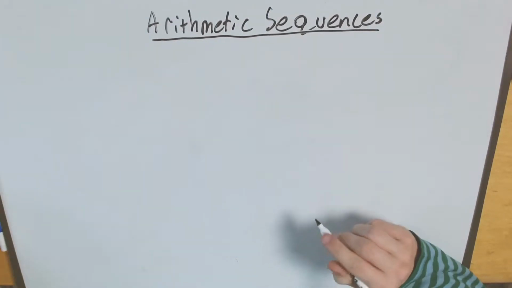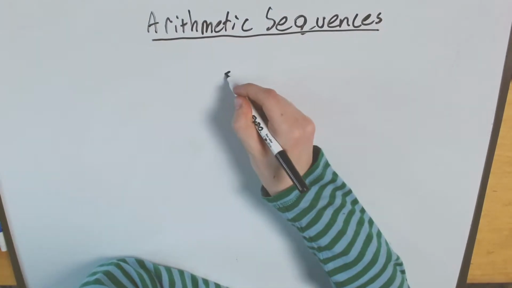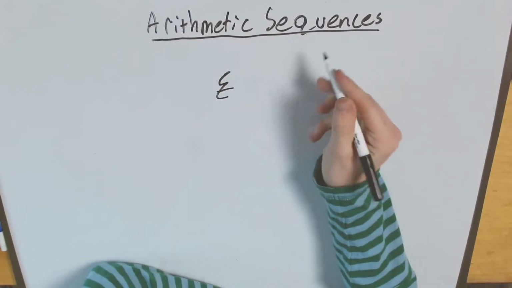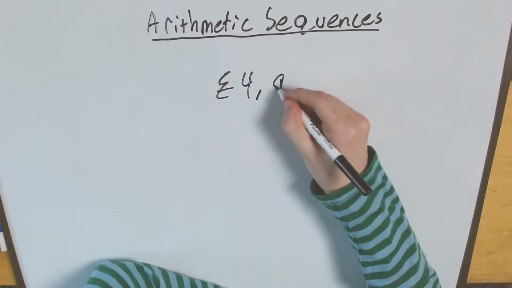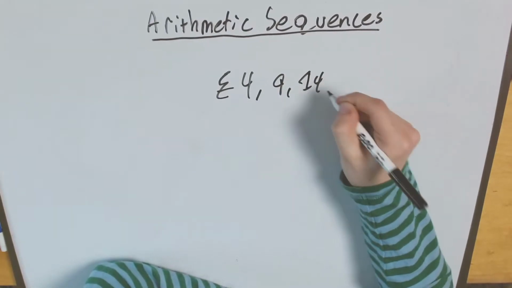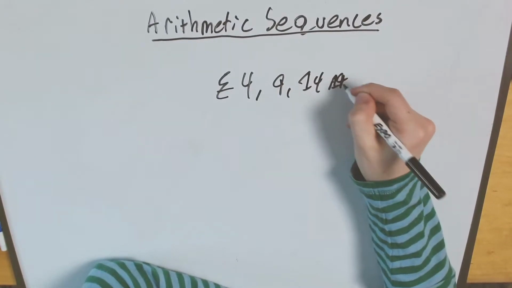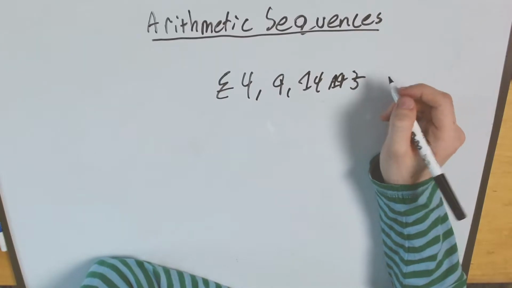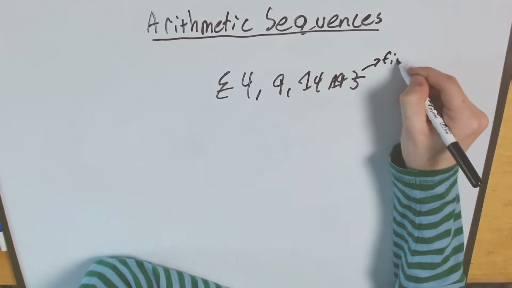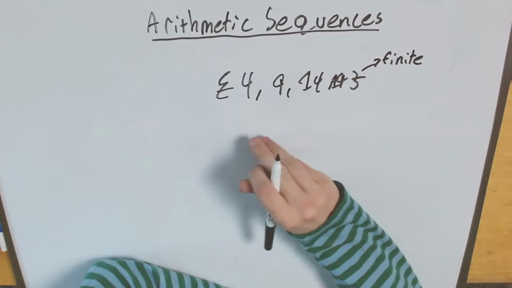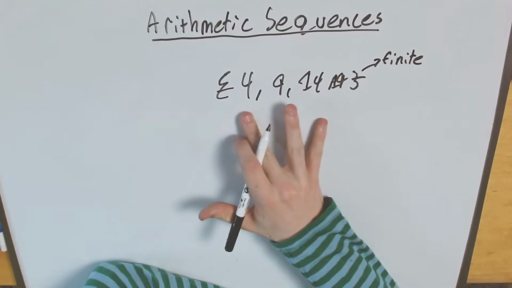Well, a sequence is just a collection, if you will, of numbers, right? So 4, 9, 14, 19, right? That's a sequence, just a collection of numbers. Some sequences are finite, meaning they have a set number of terms, right?